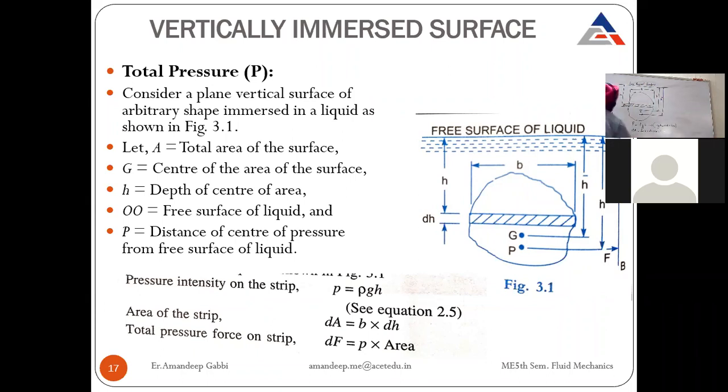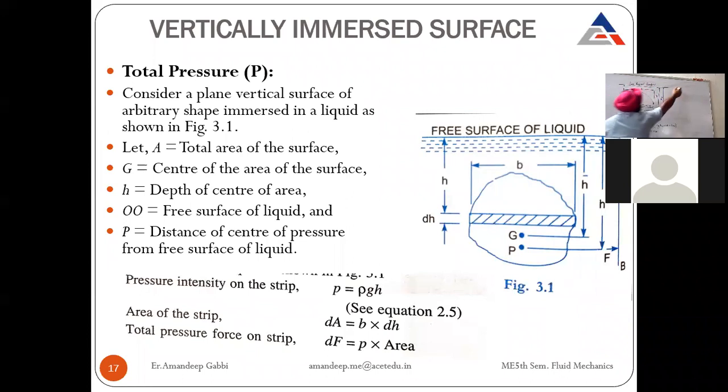Now the small force can be taken as pressure into dA. We have calculated pressure as rho gh, into dA, b dh. I hope it is clear to you. Rho gh is according to the hydrostatic law, and then the area that we have calculated as b dh is to be written over here.